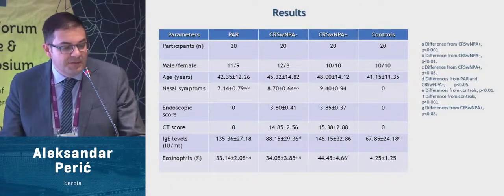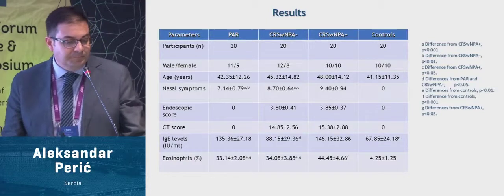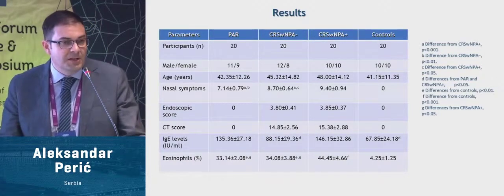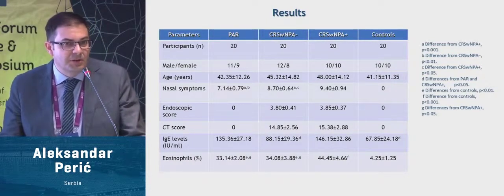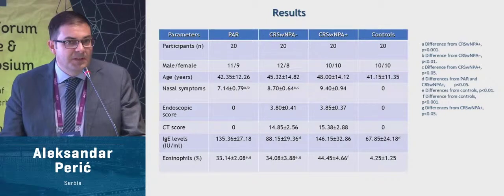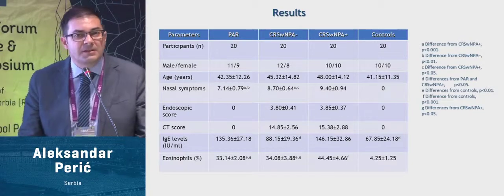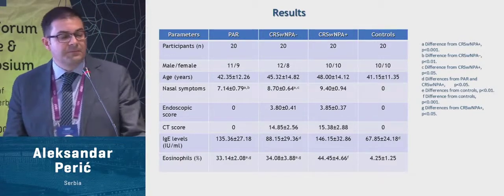In our results, we found a significantly higher nasal symptom score in allergic patients with nasal polyposis than in non-allergic nasal polyp patients and patients with perennial allergic rhinitis. We found no significant differences in the endoscopic score and CT score between non-allergic and allergic patients with chronic rhinosinusitis with nasal polyps.